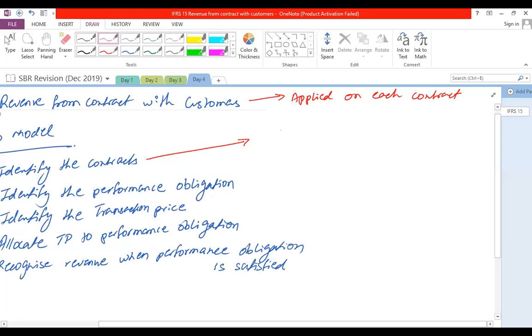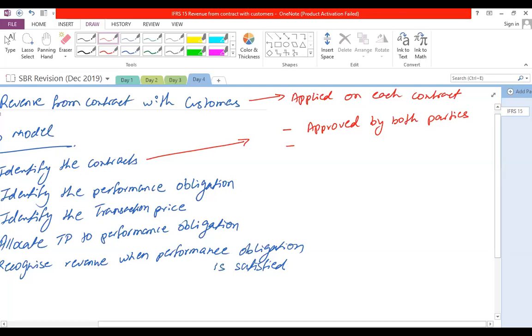Now, when we say identify the contract, there are certain criteria which need to be met for the contract to be a contract. The first is it should be approved by both the parties. If the buyer and the seller have not signed the contract, they have not approved the contract, we are not going to consider that to be the contract, because any contract which is not approved is not legally binding.